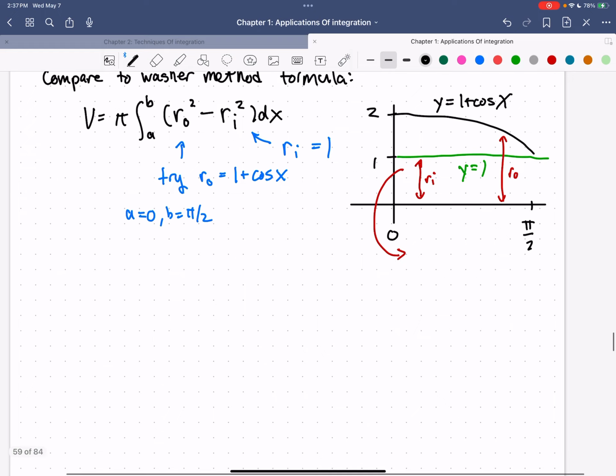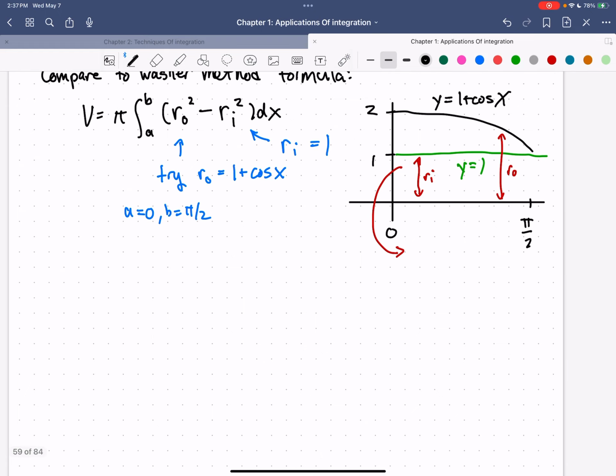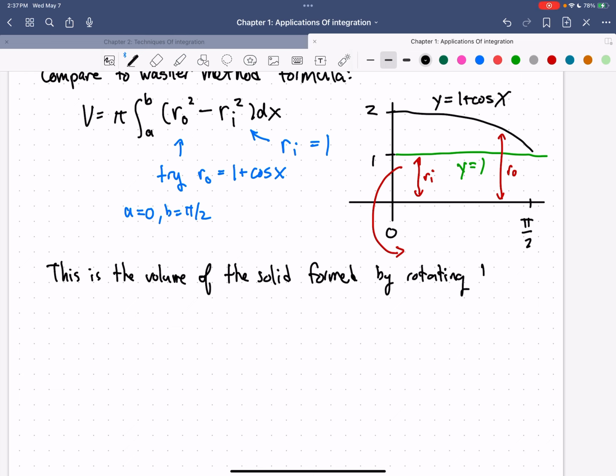So I'll just write a sentence kind of tying it together. You can say, this is the volume of the solid formed by rotating the region bounded by y is equal to 1 plus cos x, y is equal to 1, and x is equal to 0.